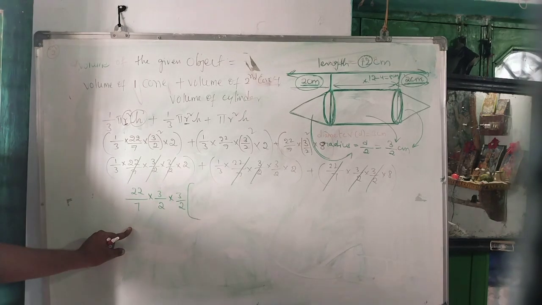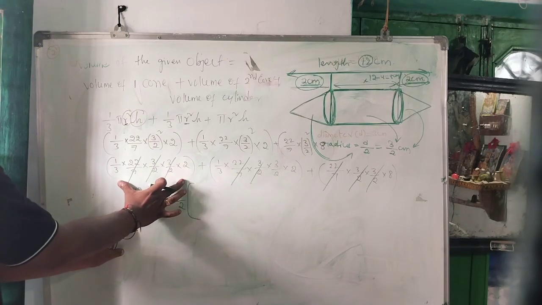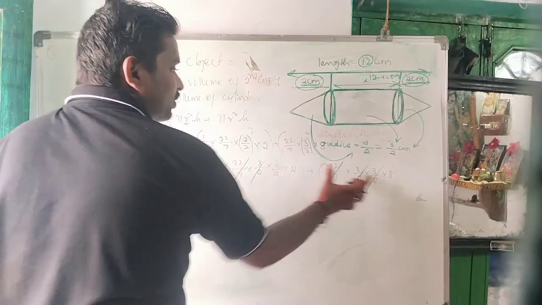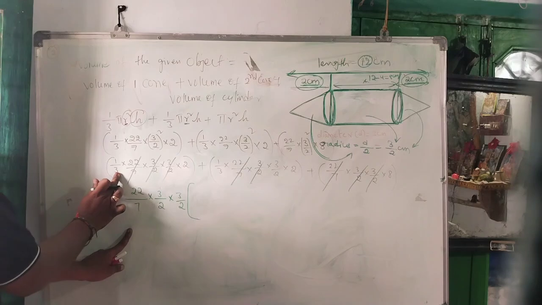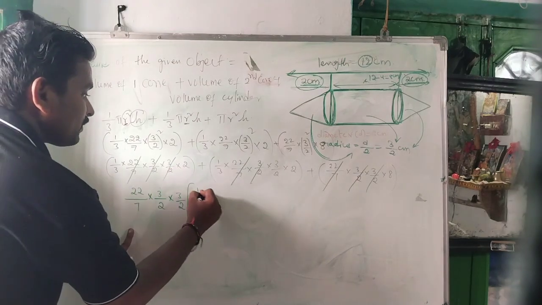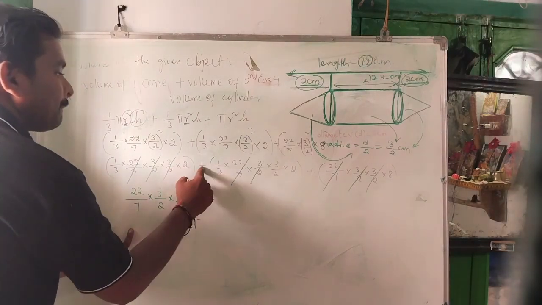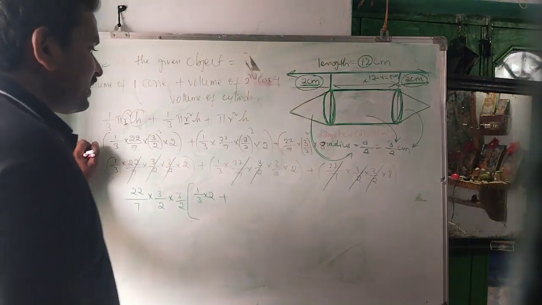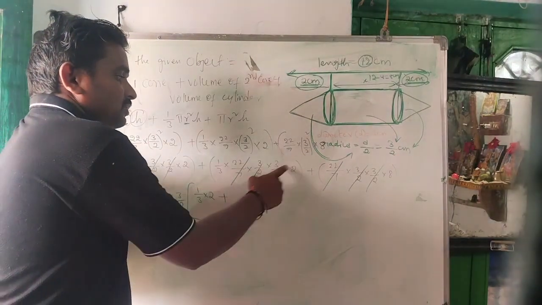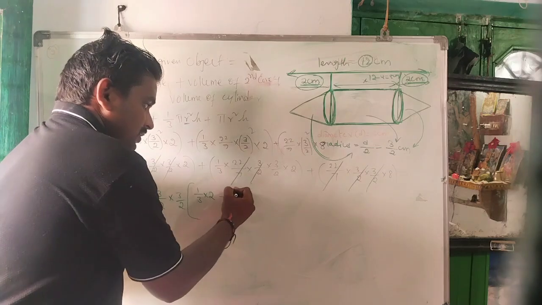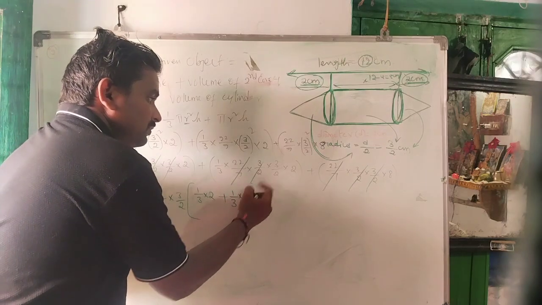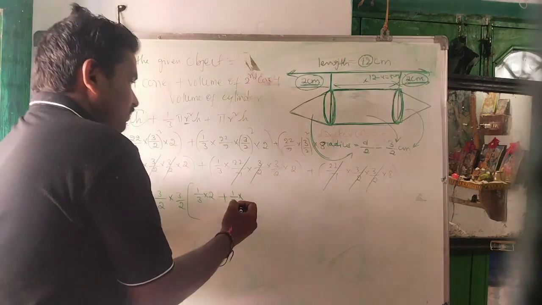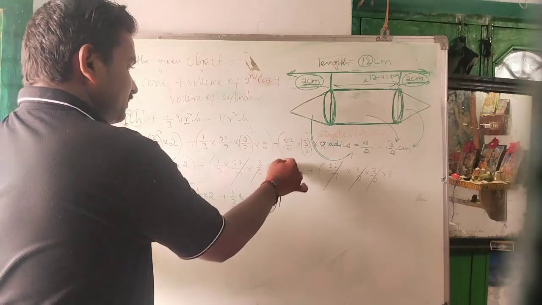Now write the remaining terms in the first group. This is first group, second group, third group. Which one is left? 1 by 3 into 2. 1 by 3 into 2 plus now second group. Coming to the second group, which one is left? 1 by 3 into 2. Sorry, already the two 3 by 2s are common.